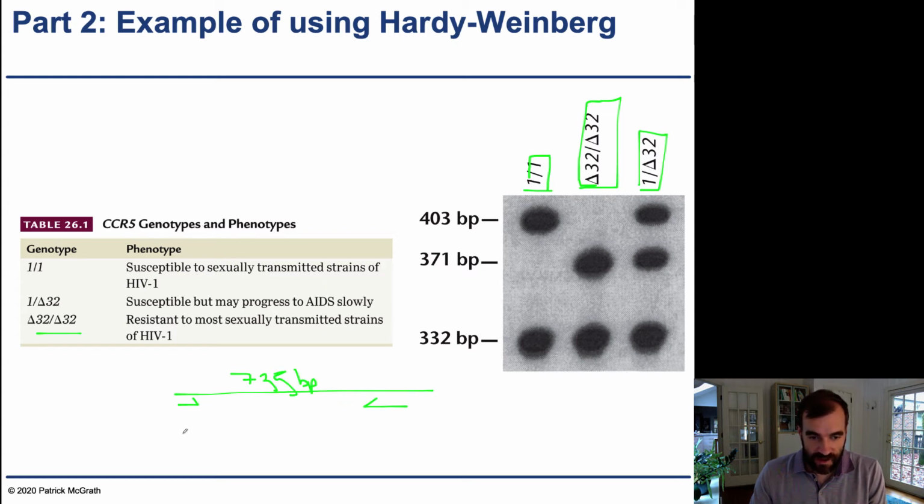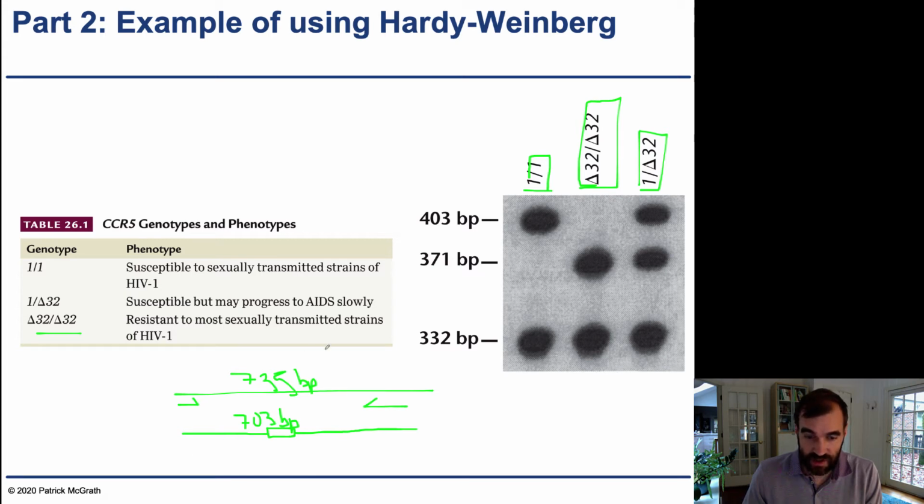If the individual had the deletion, what was PCR'd up instead was a 703 base pair piece of DNA.